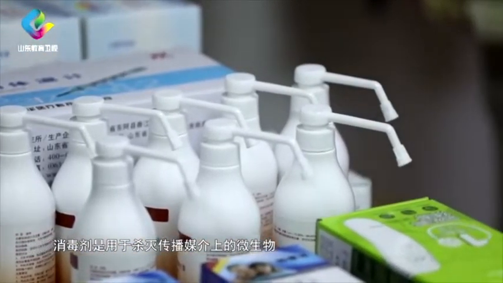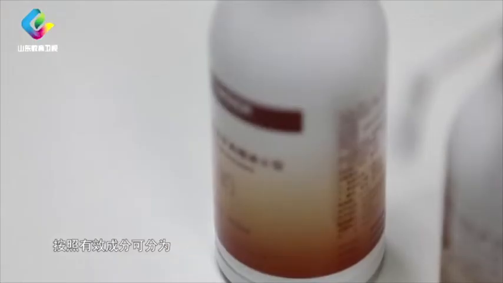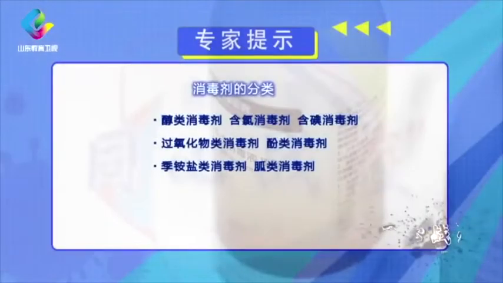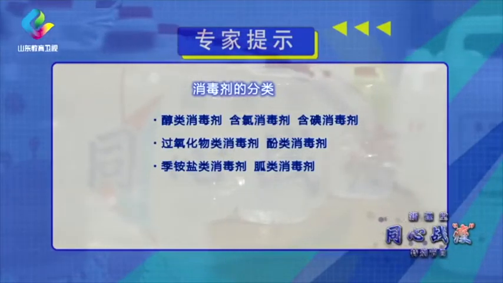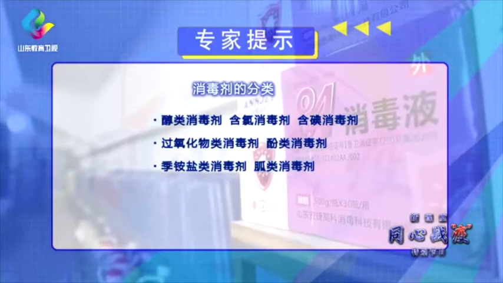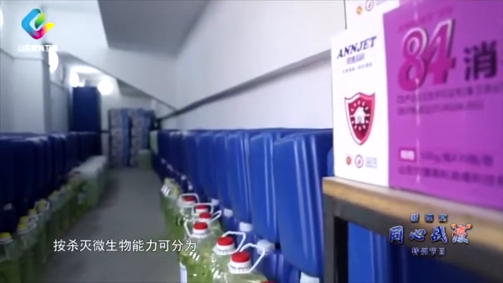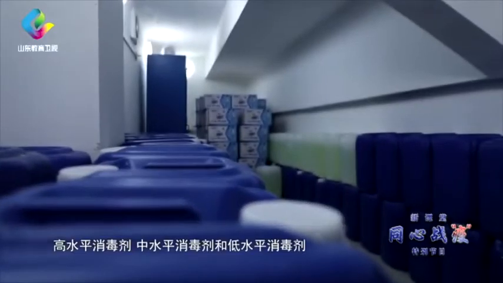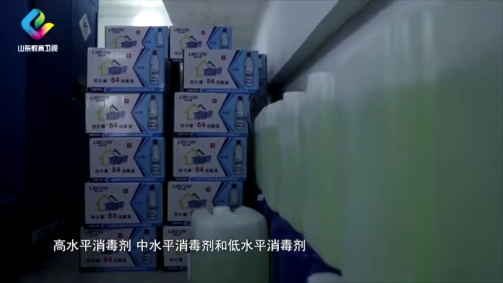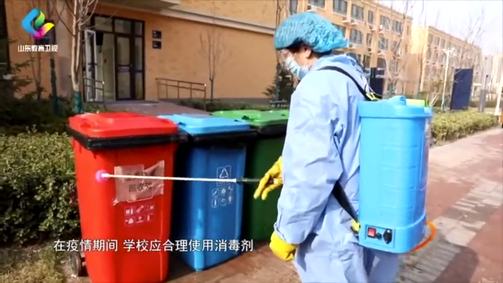Disinfectant is used to kill microorganisms on transmission medium to make it meet the requirements of disinfection or sterilization. According to the effective components, it can be divided into alcohol disinfectant, chlorine disinfectant, iodine disinfectant, peroxide disinfectant, phenol disinfectant, quaternary ammonium salt disinfectant, and guanidine disinfectant.